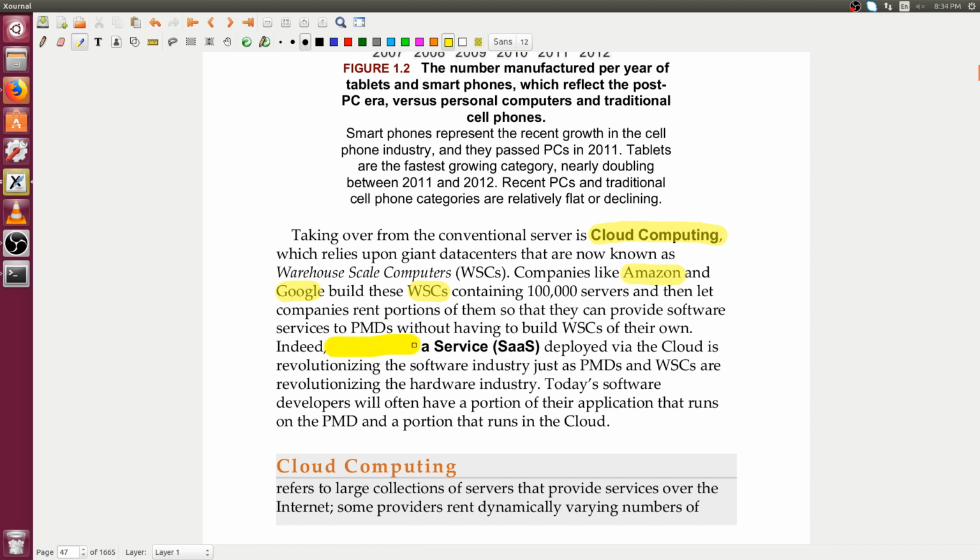Things like software as a service: you basically build the software, and instead of companies having to design their own software for a specific task, someplace will just say, we'll sell you a template of ours to use. Today's software developers often have a portion of their application that runs on the personal mobile device, and a portion that runs in the cloud. That just makes sense.